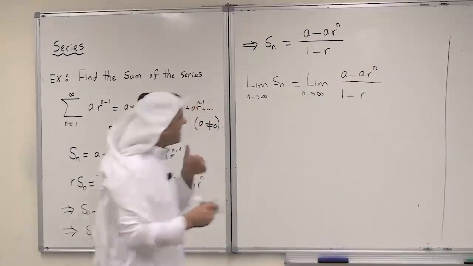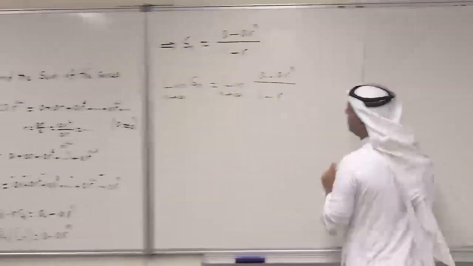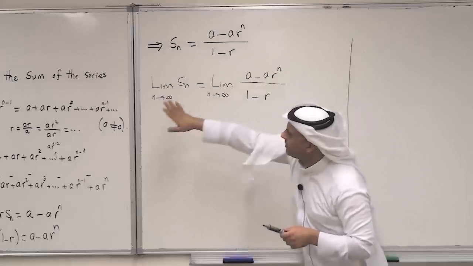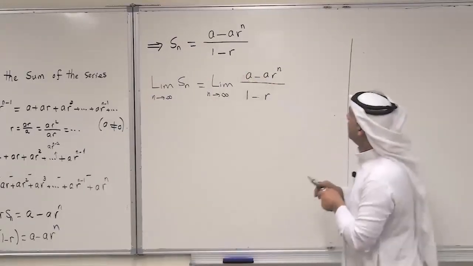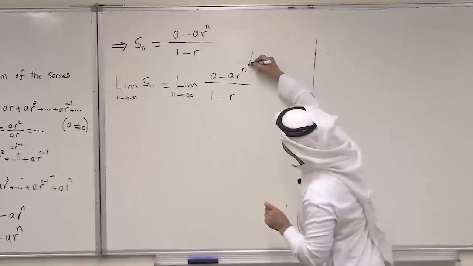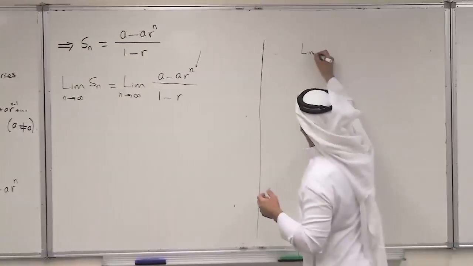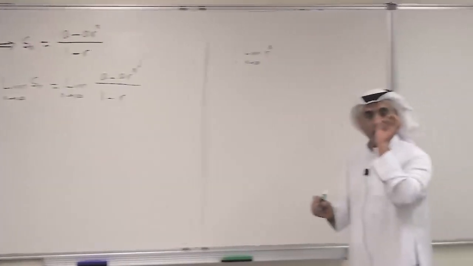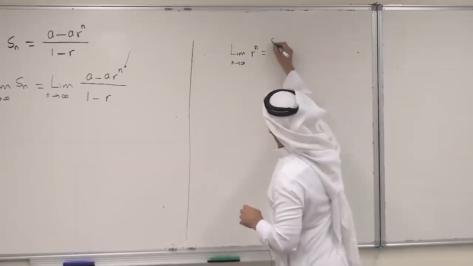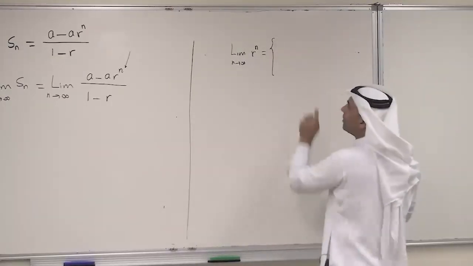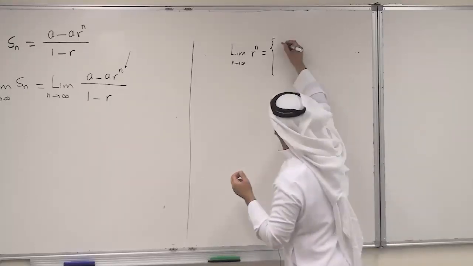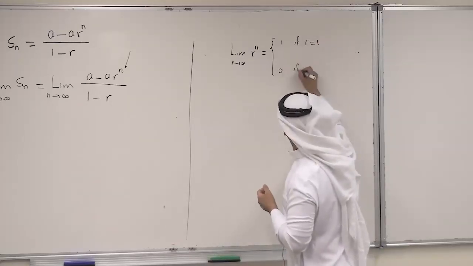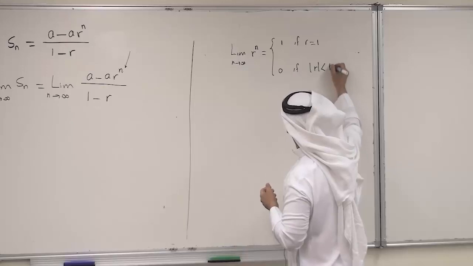That's one thing. The second one, okay, if r is not equal to 1, now this is a finite number. This is a real number at the end. We assume from the beginning a is a real number, so we have no problem here. What remains is this, r to the n. And we know from our previous discussion that the limit as n goes to infinity of r to the n exists only if, if you remember, we discussed this before, it says the limit as n goes to infinity of r to the n will be equal to 1 if r is exactly equal to 1, and it's equal to 0 if the absolute value of r is less than 1.